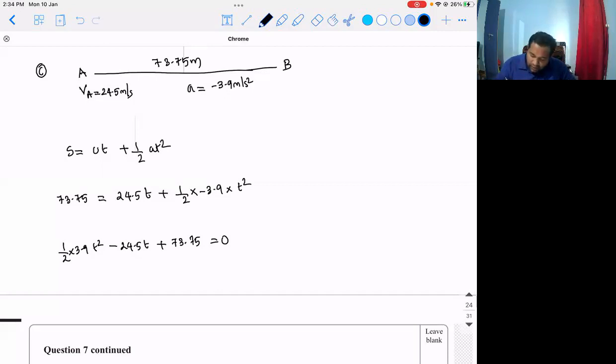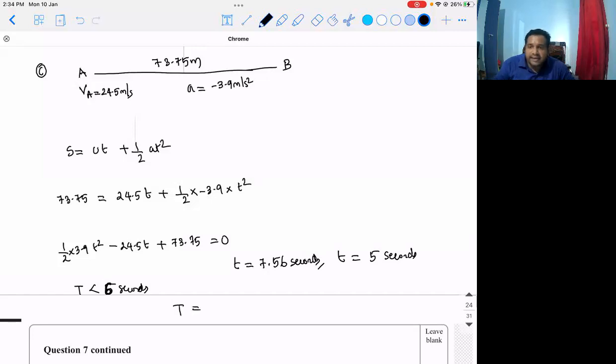So one value of T, we will get as 7.56 seconds. Another value of T, we will get as 5 seconds. Since T is less than 6 seconds, according to the question, T will be what?